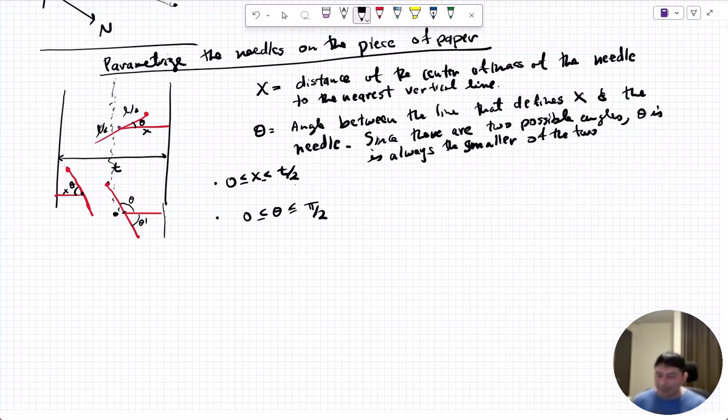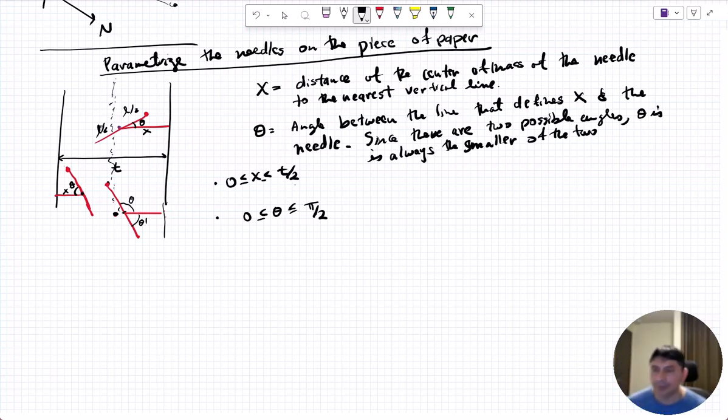Okay, so now that we fixed the definition and we know the ranges of these random variables, now comes the next step. These random variables are uniformly distributed because there's no preferred angle for theta, and there's no preferred value for x, where we are dumping the needles randomly onto the piece of paper.